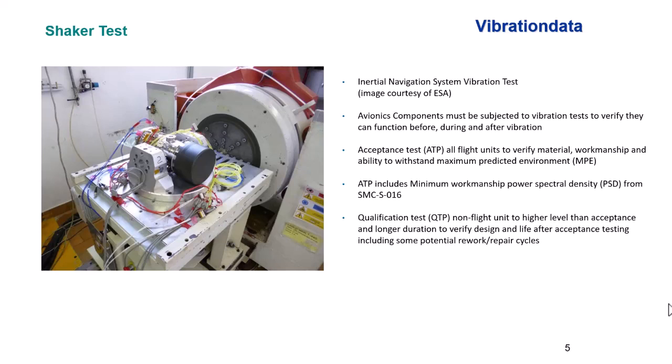We're going to take the same part number, but a different serial number. And this different serial number unit, the QTP unit, will never be flown on a launch vehicle, but it's still going to be subjected to shock and vibration tests. But the qualification, the QTP levels, will be higher than the ATP levels, maybe by a margin of 6 dB. That's pretty common.